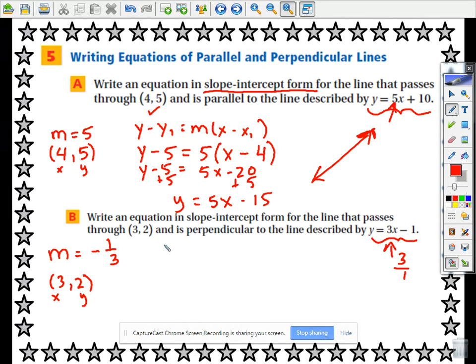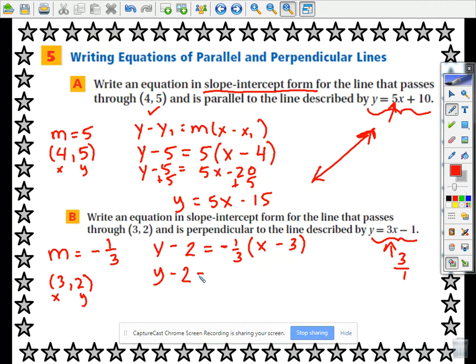So filling in point slope form, y minus y1, which is 2, equals the slope negative 1/3 times x minus x1, which is 3. Now, I know some of you are probably grumbling about the fraction. You will live, I promise. Y minus 2.